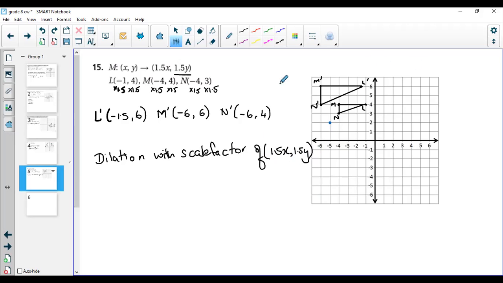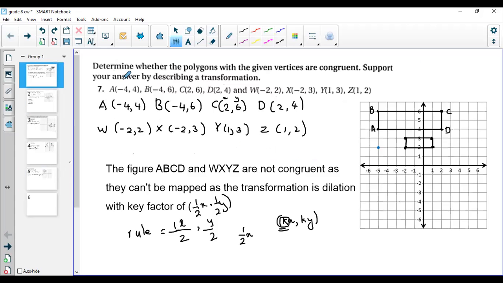So this is how you identify the kind of transformation which has taken place. Identifying the transformation is easy compared to the first two we did, which was to determine whether they are congruent or not. So hopefully this lesson is clear. The only key to understand is do more practice. Keep doing practice till we meet again.